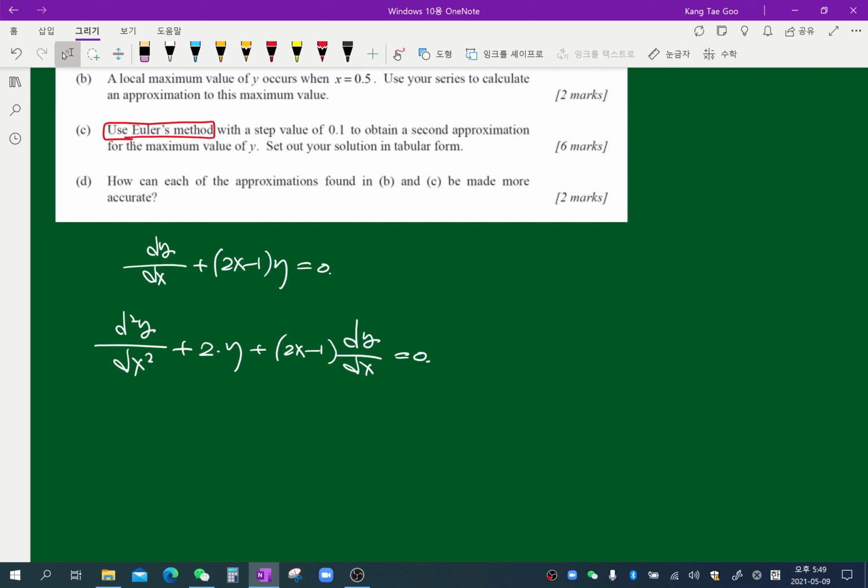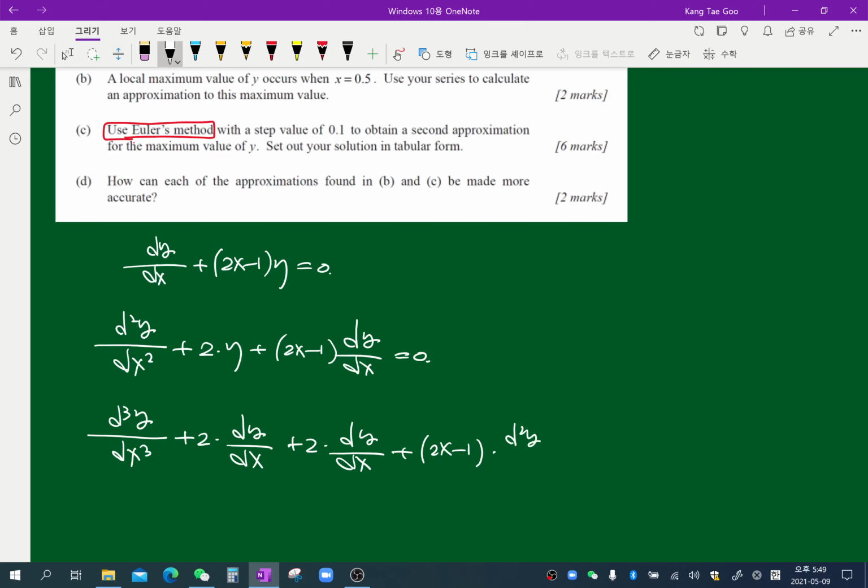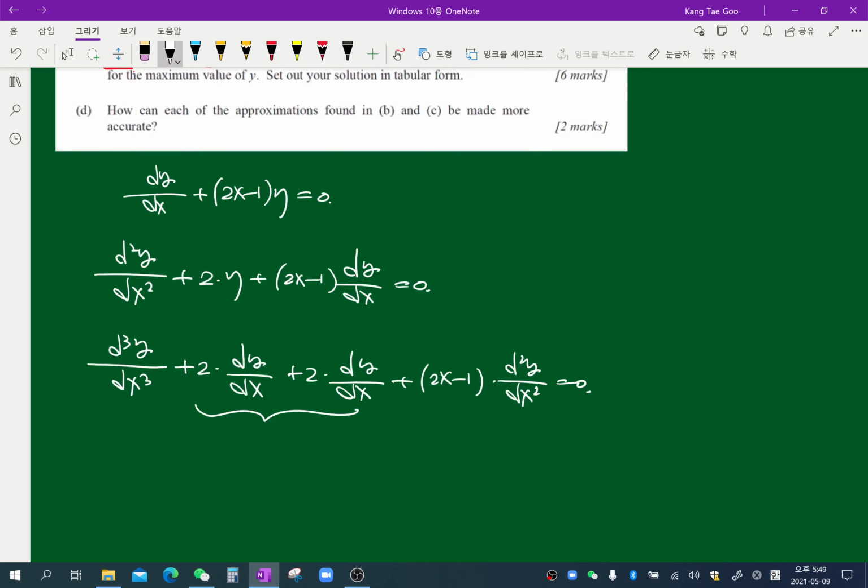And then go for one more step, then the third derivative plus 2 times dy/dx, and then plus 2 times dy/dx plus (2x minus 1) times d squared y/dx squared goes to be 0. Together that is 4 dy/dx, right?